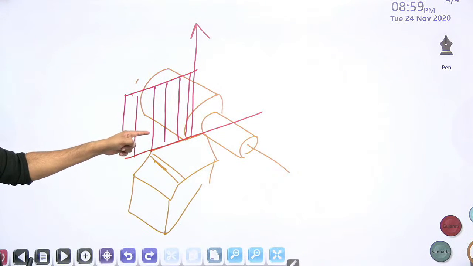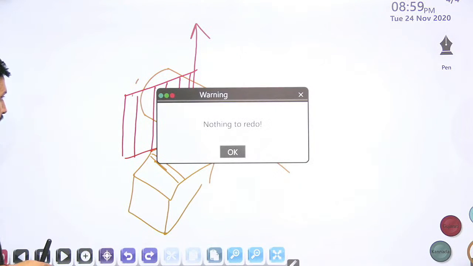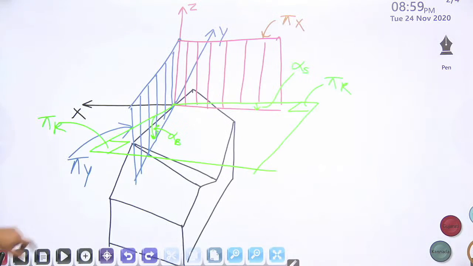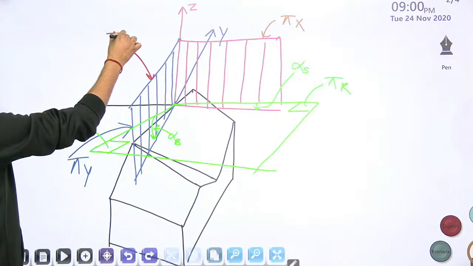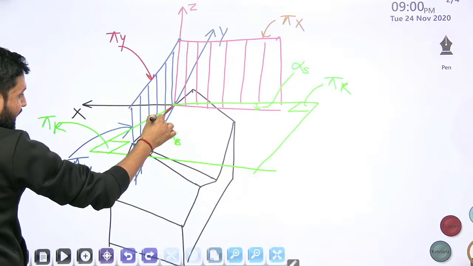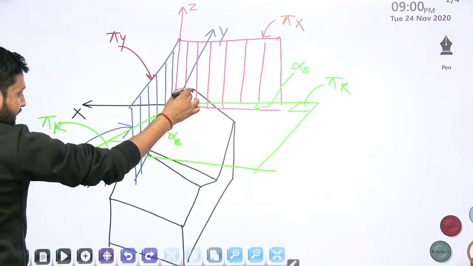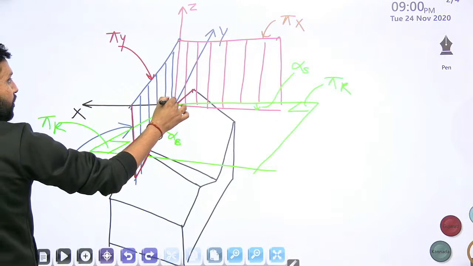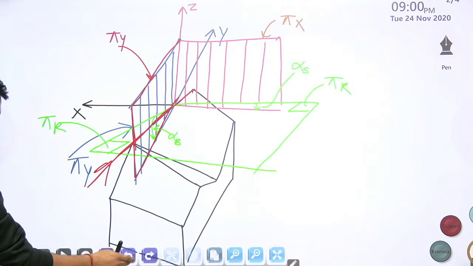This plane is entirely different as compared to this plane pi y here. Why? Because pi y is not along the cutting edge. Here the cutting edge is there. This is the cutting edge from there to here. But this plane which I have shown you here is not along the cutting edge.